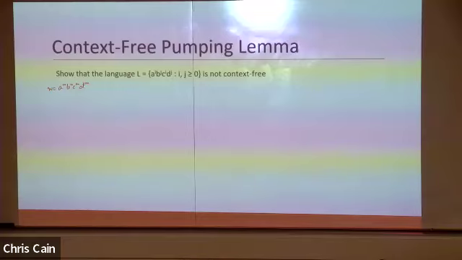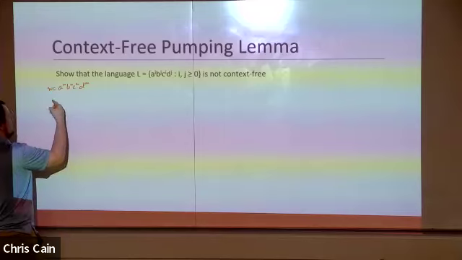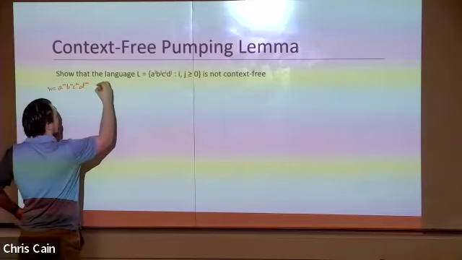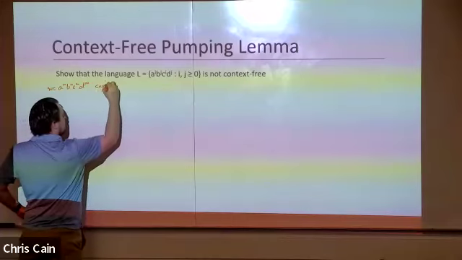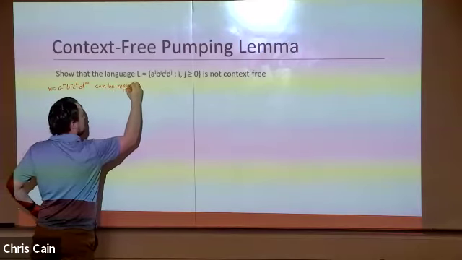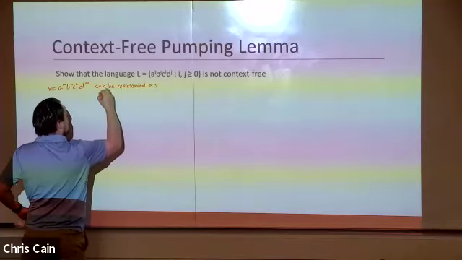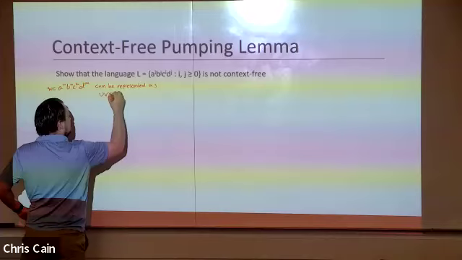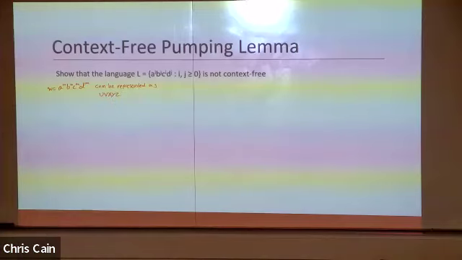How do we proceed? We know that this string must be able to be broken down now into UVXYZ. What did the U and Z stand for?